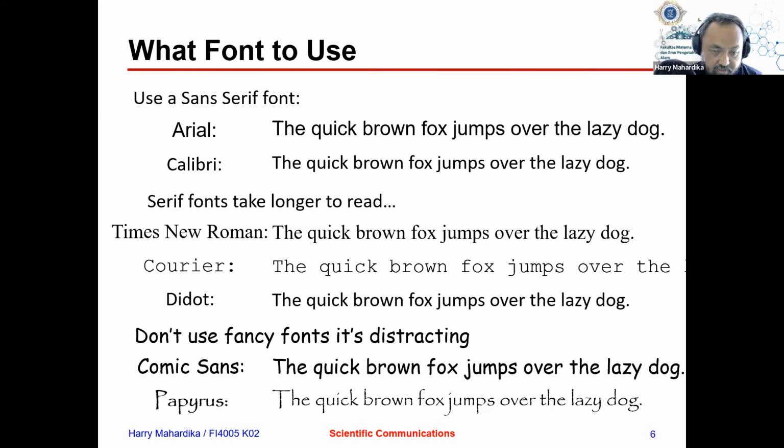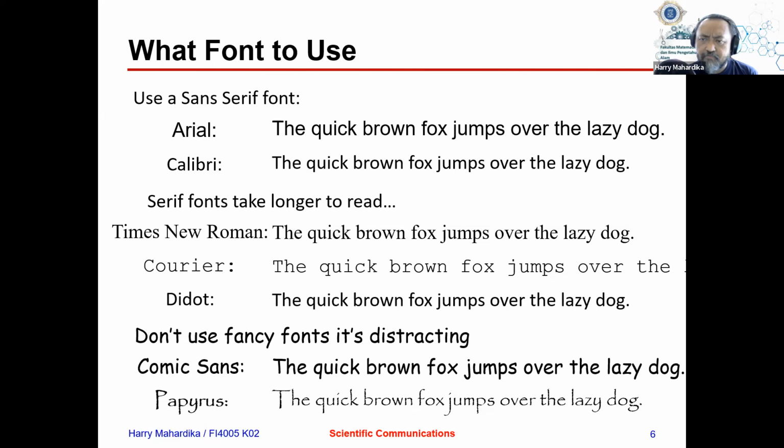However, for Papyrus, I'm not going to recommend that choice of font for a formal presentation. However, if you are going to deliver something in an informal meeting or in a more relaxed situation, probably you can choose this type of font for your presentation.